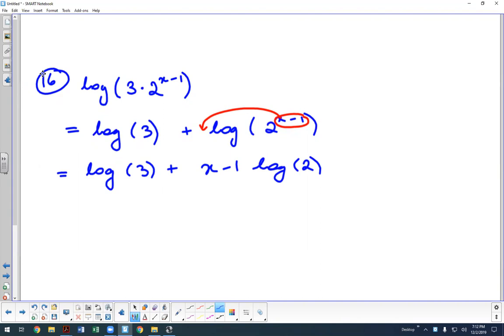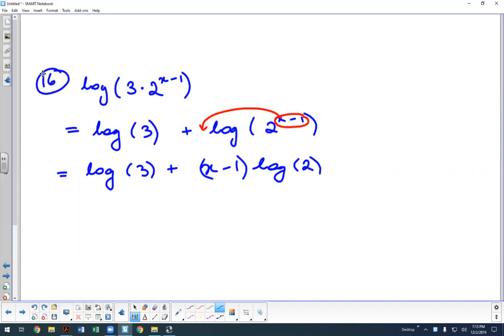So to make sure that we know that this was your exponent, put that in parentheses. Since we had a binomial term in our exponent, we want to make sure we know they came together. So put it in parentheses to keep them together. Okay, very good.